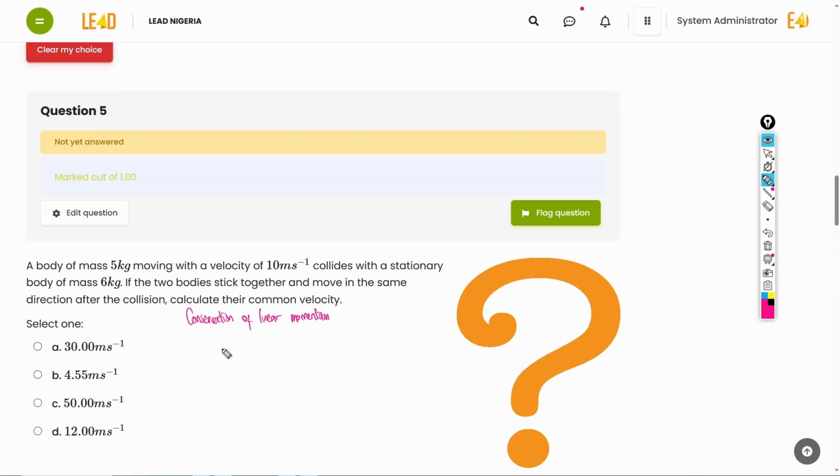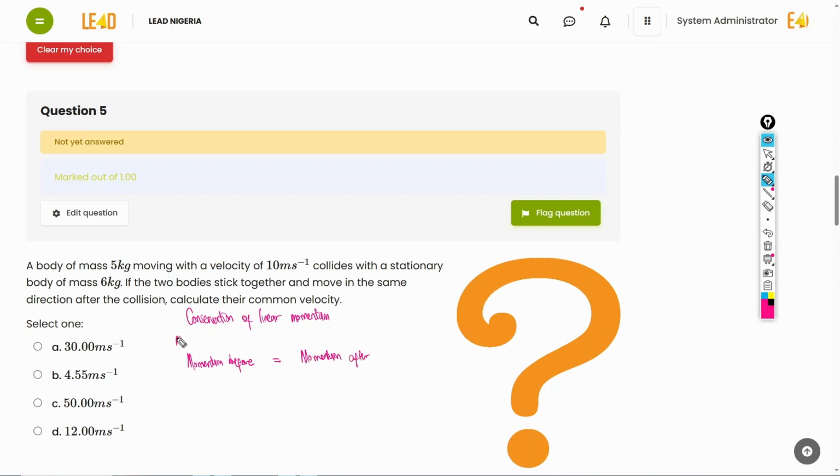And that says that the total momentum before is equal to the total momentum after.